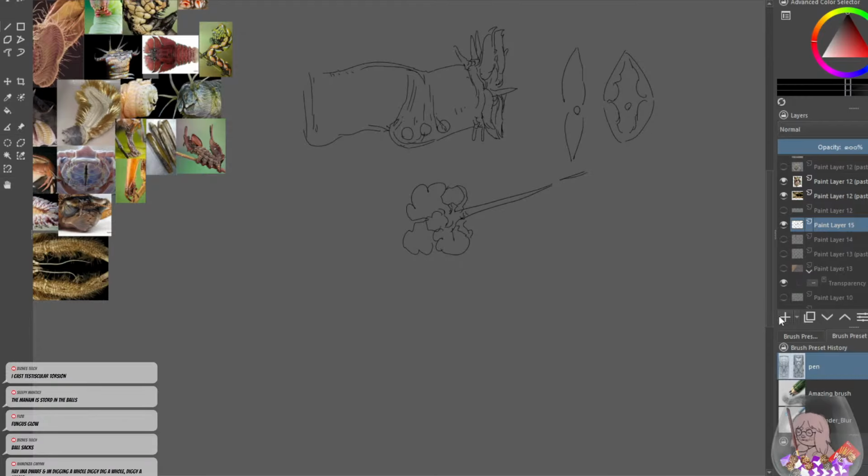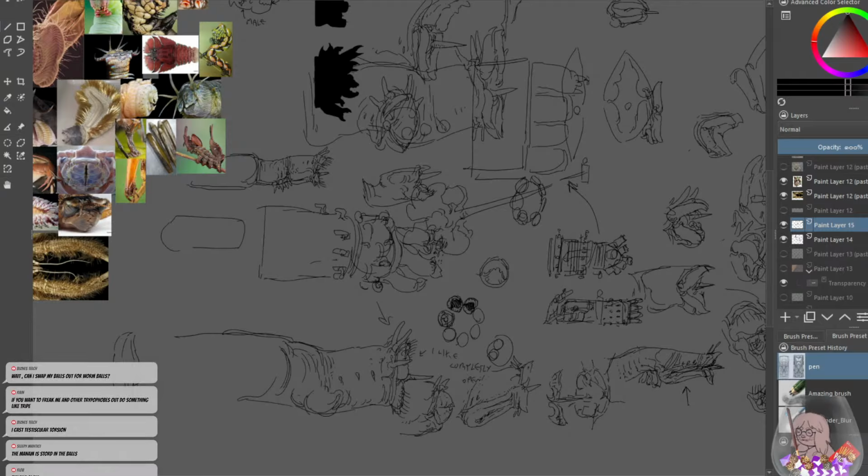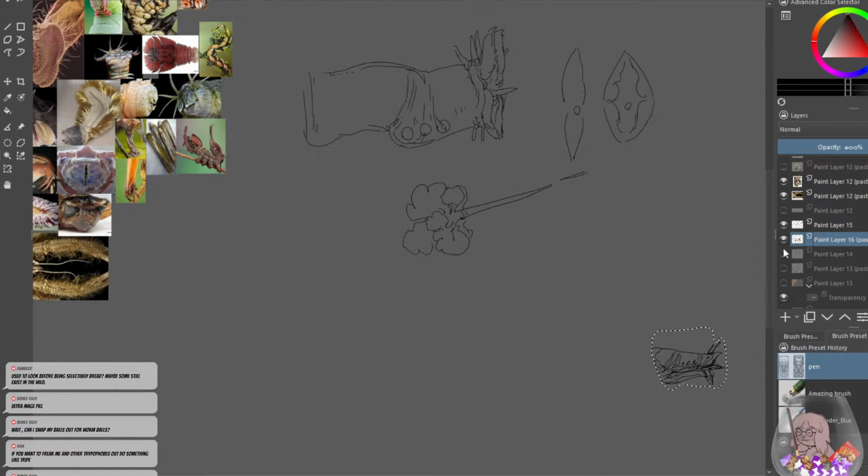So yeah, I don't want them to be just sagging. I do think I like this a lot more. I'm gonna take this. I like the structure. I think there needs to be a sense that it is rigid and there is musculature there that lets the worm push the spike forward.